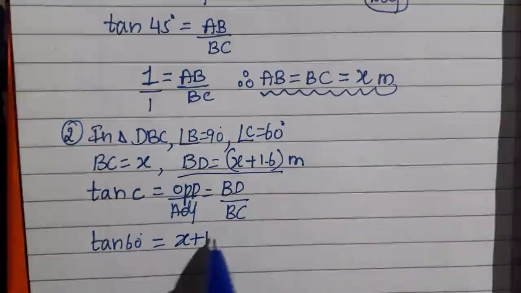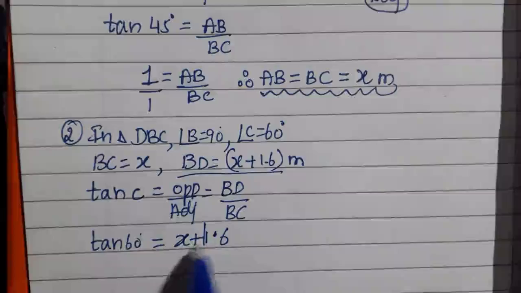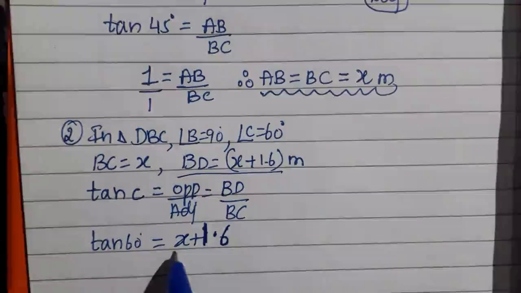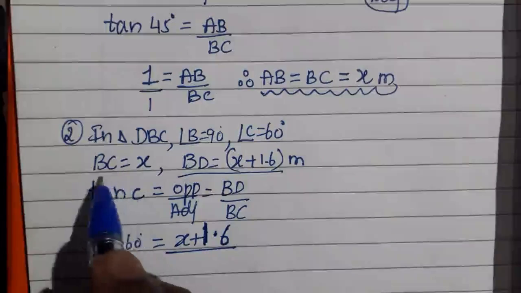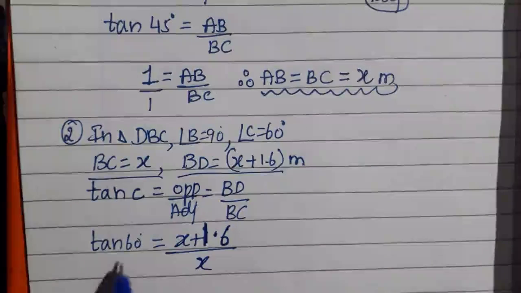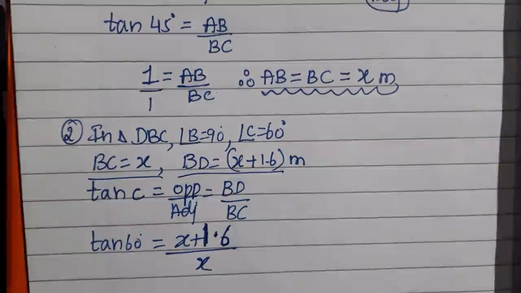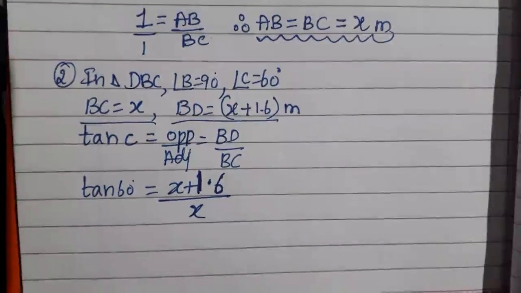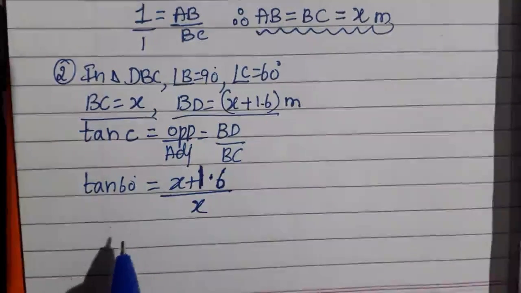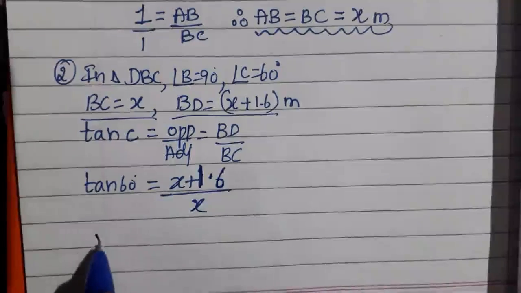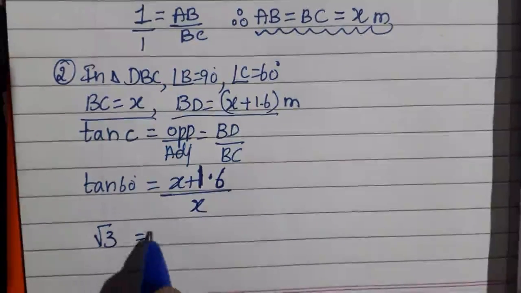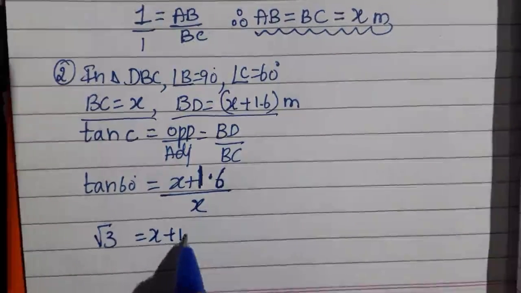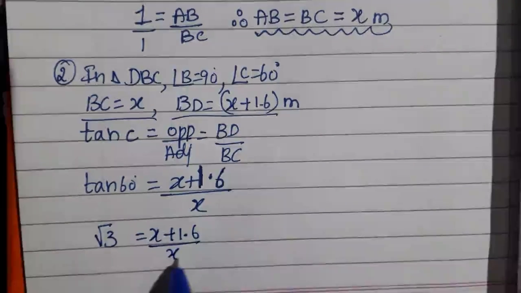BD is x plus 1.6 by, what is BC? BC is x. Now I should know what is tan 60. The standard value of tan 60 is root 3. Root 3 is equal to x plus 1.6 by x.